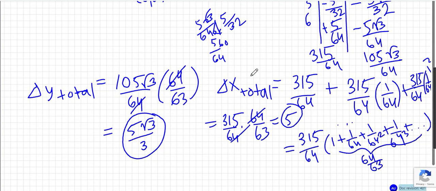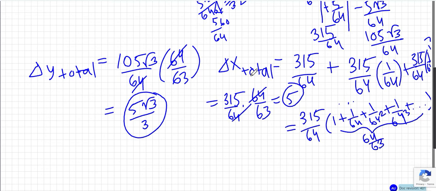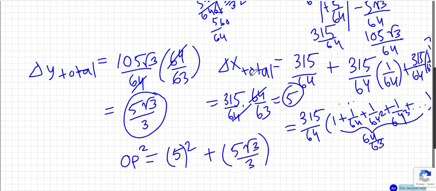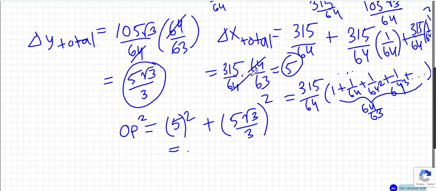Now all we have to do is Pythagorean theorem. So we'll have OP squared is equal to 5 squared plus 5 square root of 3/3 squared. This equals 25 plus 25 over 3.